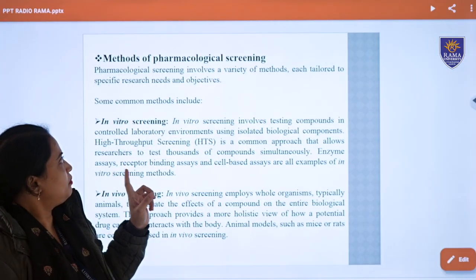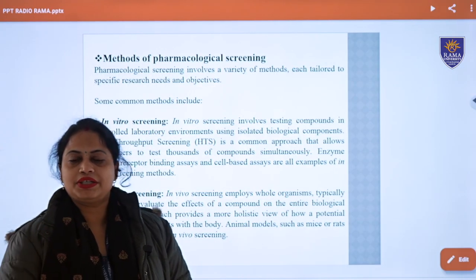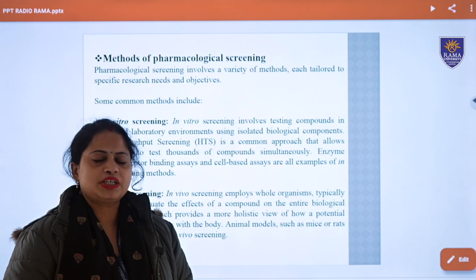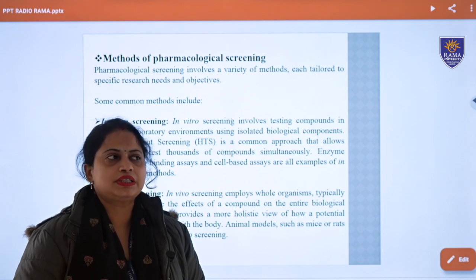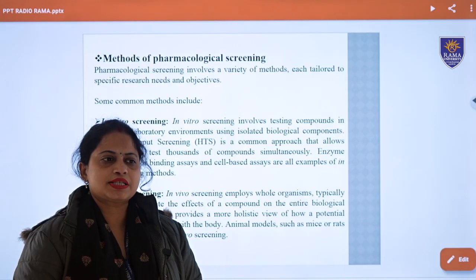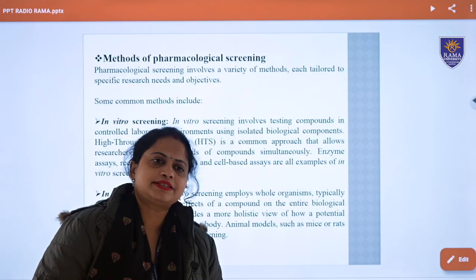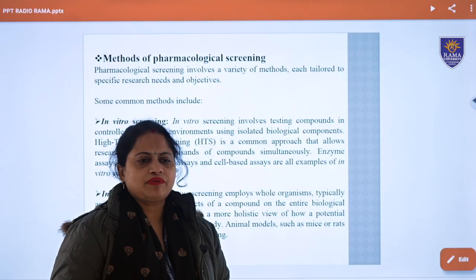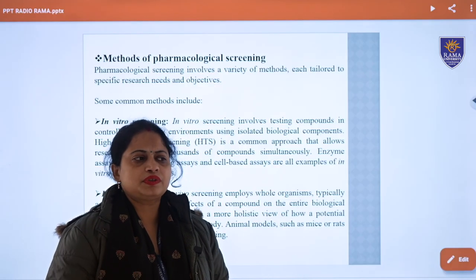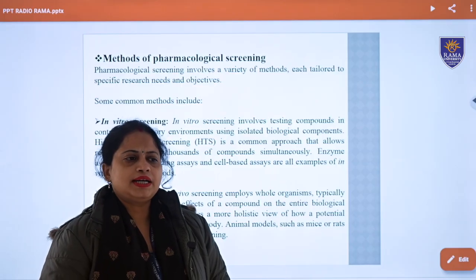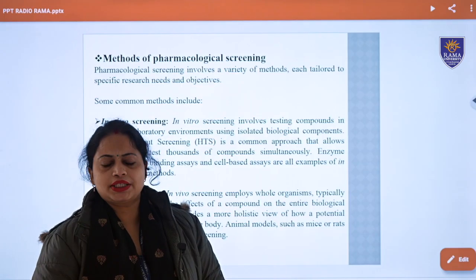Next, the methods of pharmacological screening models. Actually, we are using different models for treating different types of disease. For example, for anti-cancer drugs, suppose one researcher develops a huge number of chemical compounds, but very few compounds are able to enter the clinical trials.